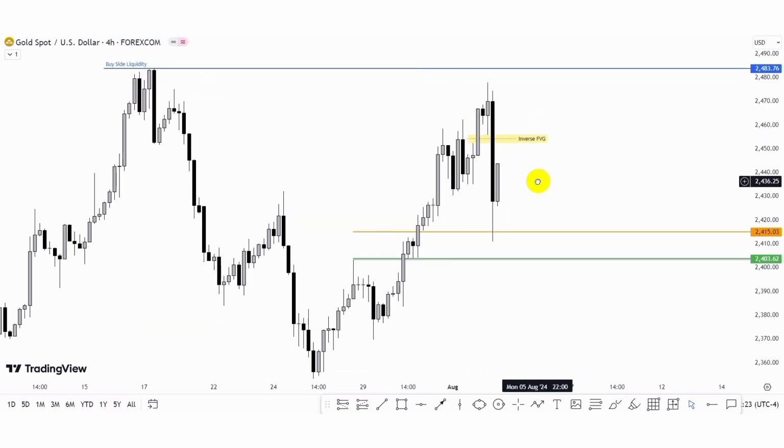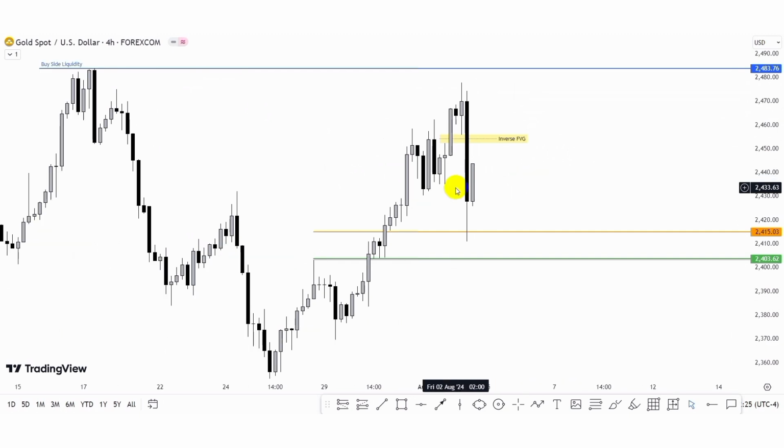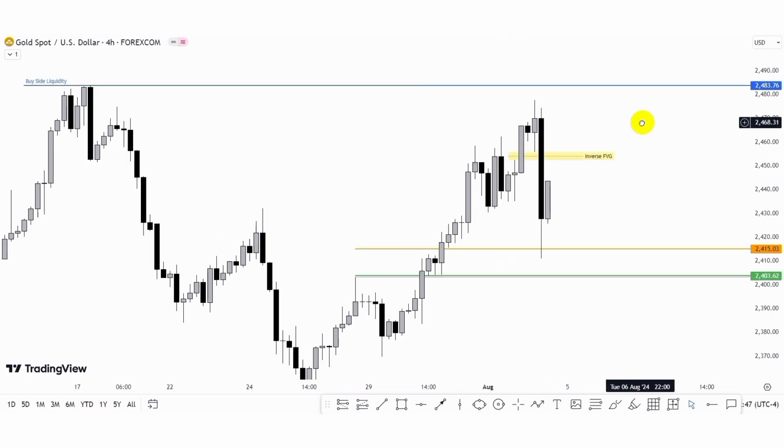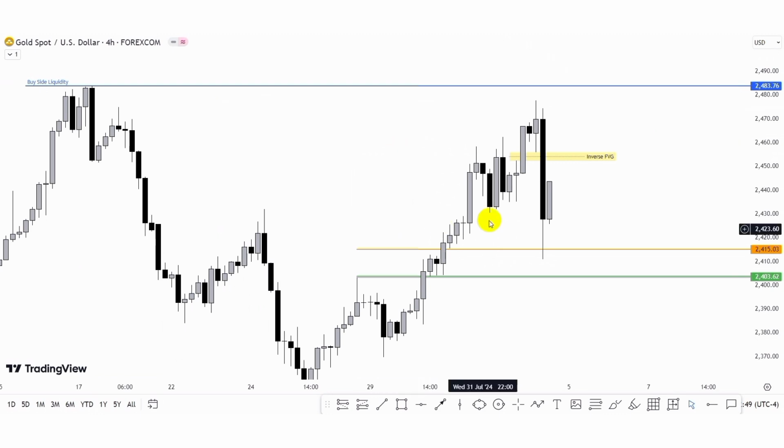So the gold pair is actually in a bullish market condition. So price may just push further to the upside and raid the buy side liquidity, but we would want to see price actually react at the inverse fair value gap. We possibly want to see that, and then possibly frame a sell move to the downside before we have the bullish ride to the upside to raid the buy side liquidity.